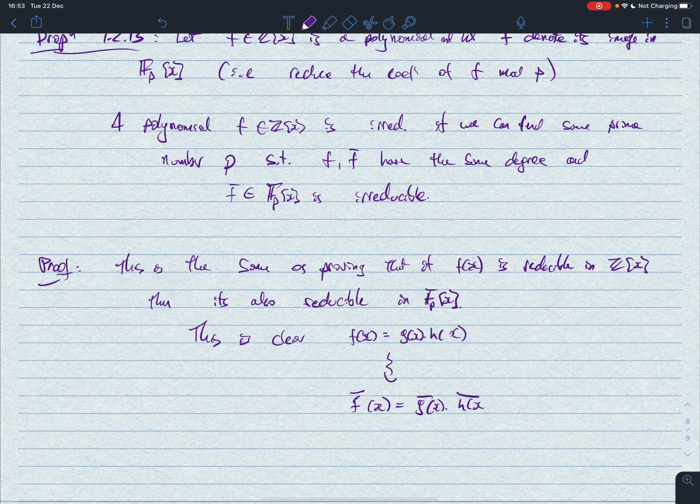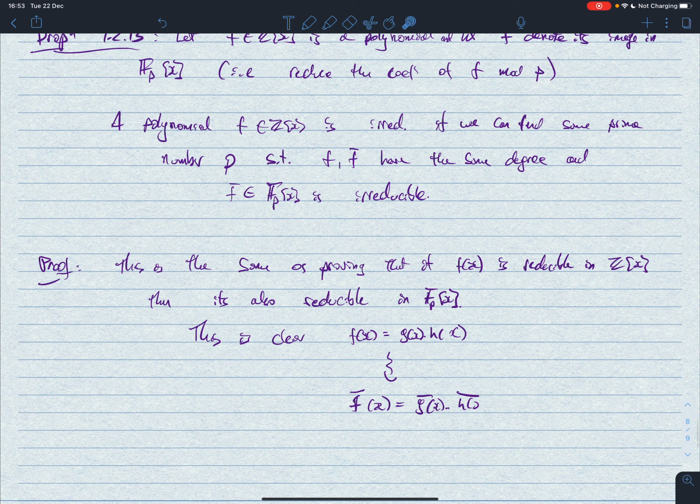This is my operation of reducing the coefficients. You can check that this will preserve your factorization. So if your polynomial was reducible, i.e. it factored, then when you reduce mod p, it also factors. And so the contrapositive of this means that if your polynomial is irreducible inside of F_p[x], then it has to be irreducible inside of Z[x].